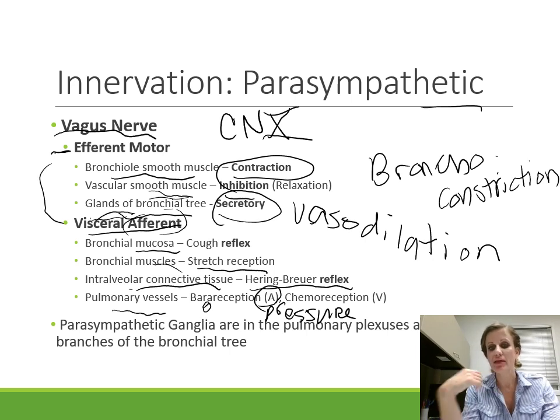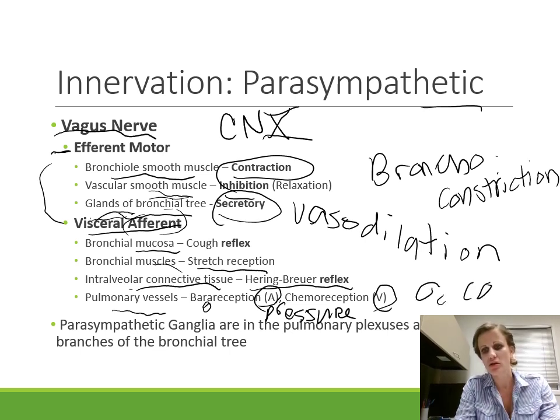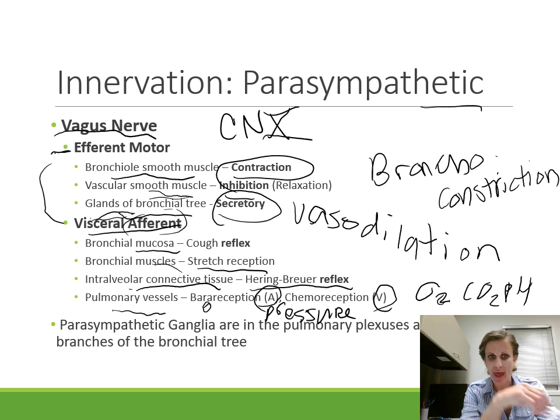And we have chemoreceptors in the veins that monitor for chemicals, right? So they monitor for oxygen, for carbon dioxide, for pH. And then these signals regarding pressure and chemical composition of the blood in the pulmonary vessels are sent up to the central nervous system via the afferent fibers of the vagus nerve.